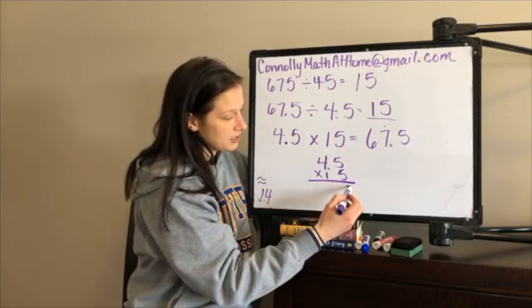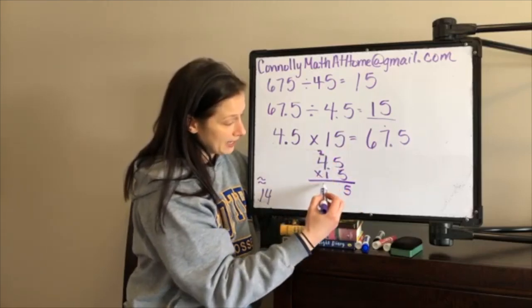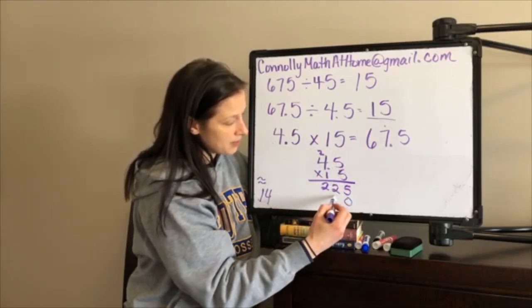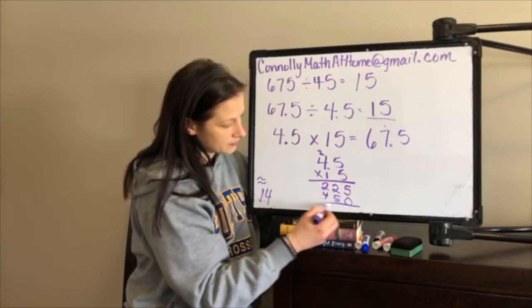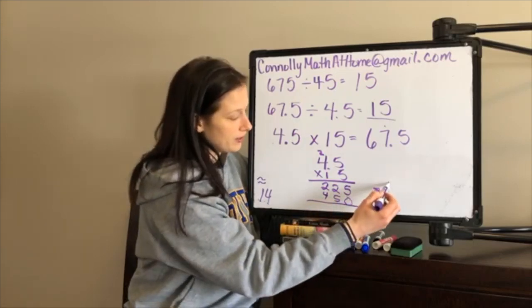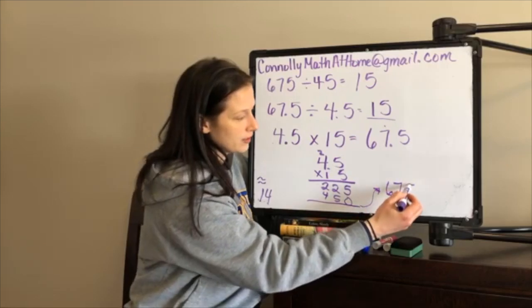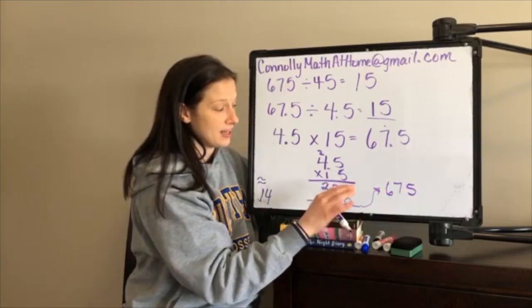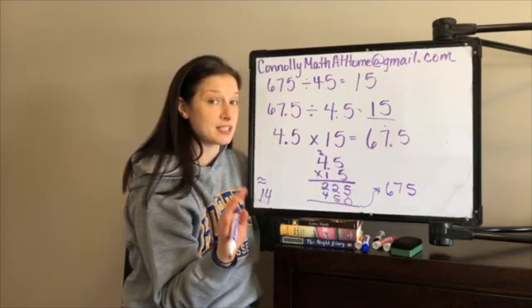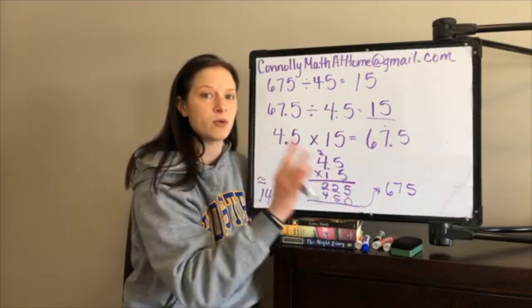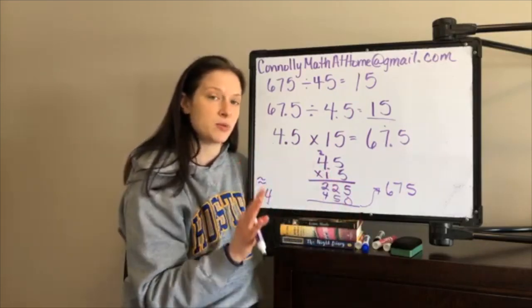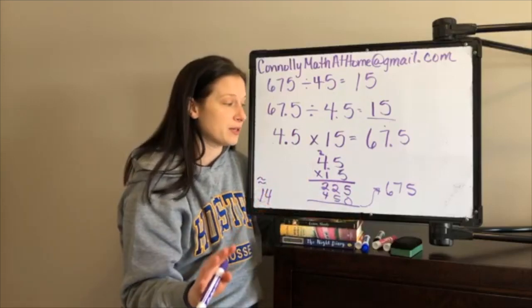So this is just me double checking my answer to make sure. Oops, I ran out of space, so I'm going to add it up over here. I want to make sure that I have gotten my decimal point in the correct place. If I needed to make my quotient 10 times larger, 10 times smaller, I just want to make sure everything's correct when we're working with decimals.